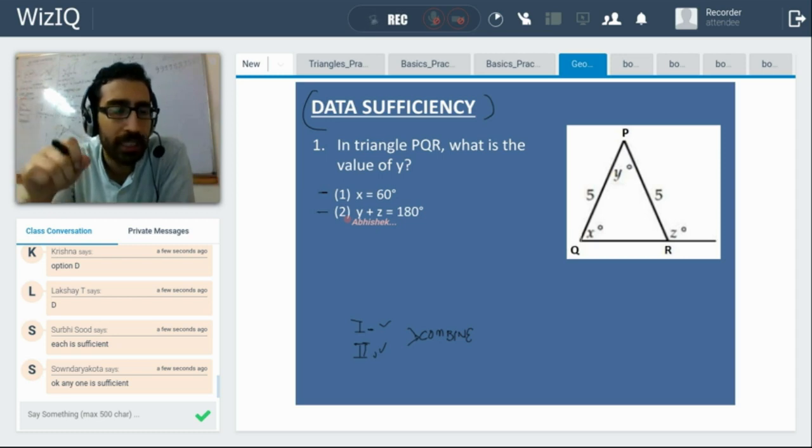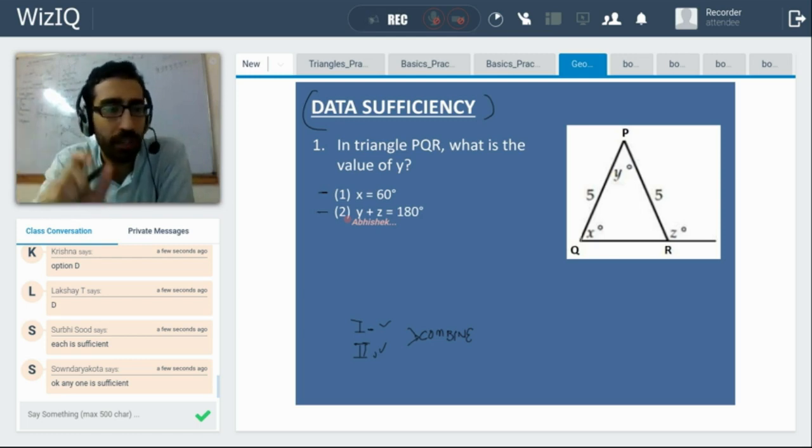Statement one is a separate piece of information. So be very careful: once you've read statement one, just take that moment to refresh, reread the question, and then attempt statement two as a standalone statement, forgetting about statement one, so that you do not assume any information given in statement one, because this does happen a lot.